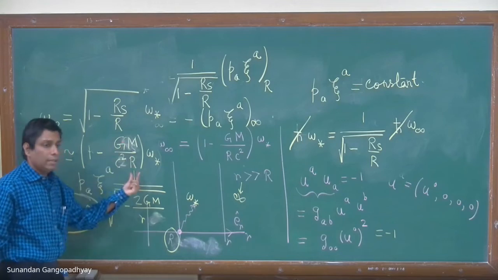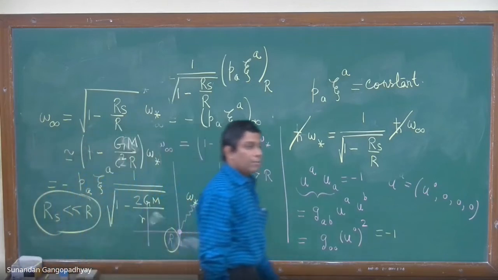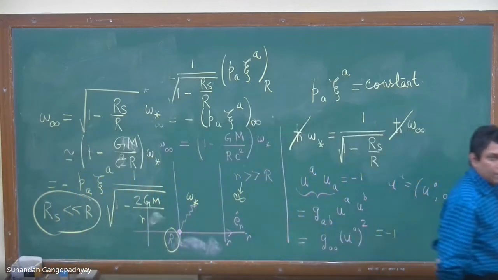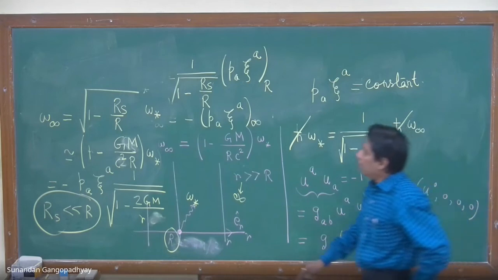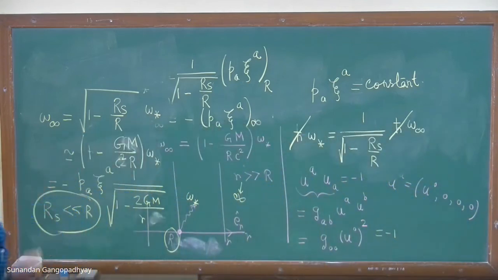So length by length is dimensionless. So this is the result that I derived earlier from the equivalence principle, rocket. This was the approximate relation, and this is the exact relation which you can derive from the exact metric, the Schwarzschild geometry metric.